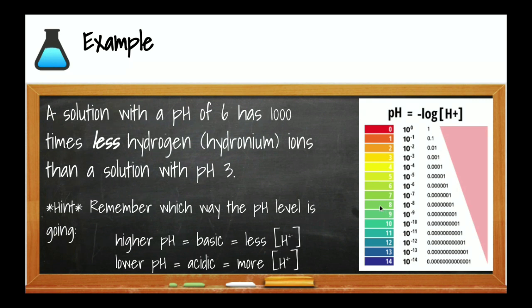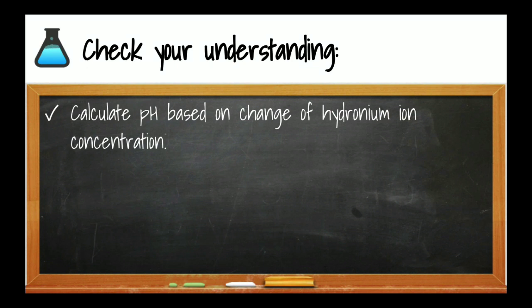So a pH of 8 is 1,000,000 times less acidic than a pH of 2. This kind of explains why pH is such a big deal in biological processes, because a 1-unit change in pH is actually a 10-fold change in concentration. By now, you should be able to calculate pH based on the relative change in hydronium ion concentration.